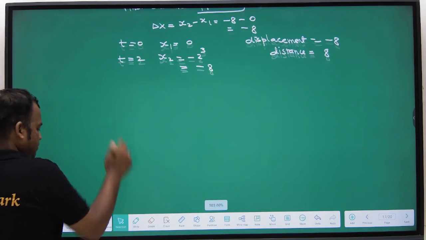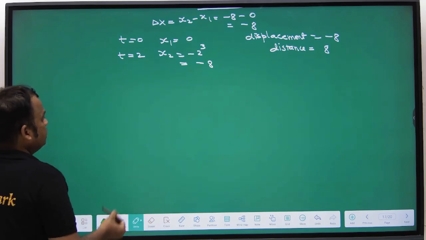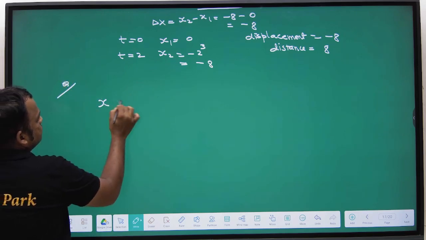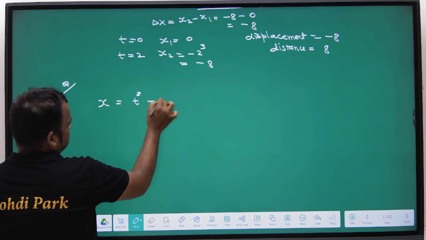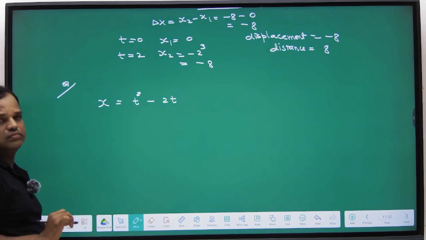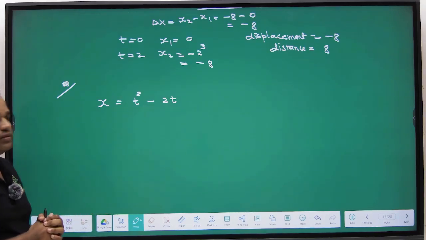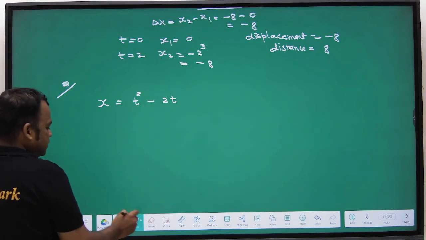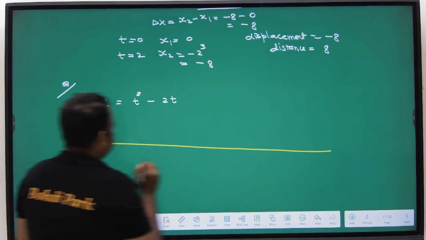Let's do one more. Next, what if I say x is equal to t square minus 2t? Let's observe the motion first. Then we will talk about distance and displacement. So suppose this is a straight line.